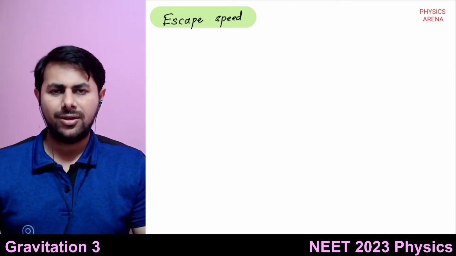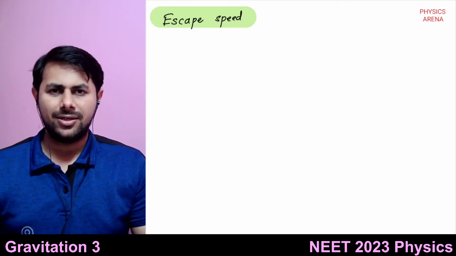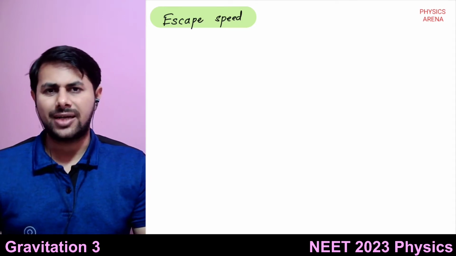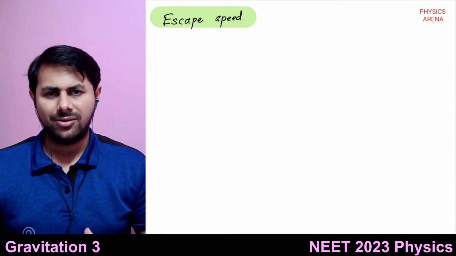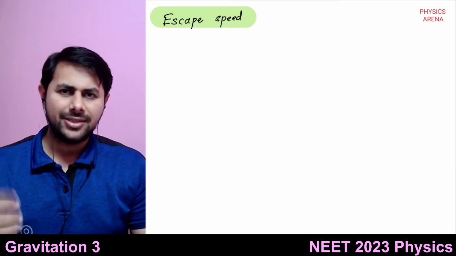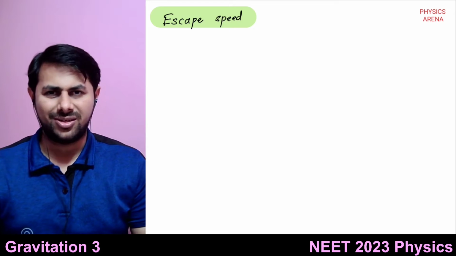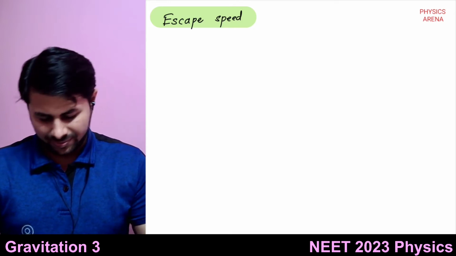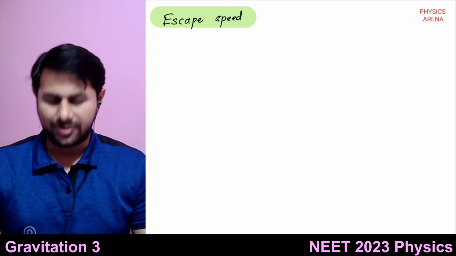It is the speed with which an object must be thrown such that it escapes Earth's gravitational bound, out of Earth's gravitational influence. It goes to infinity, right? So how much should that speed be?